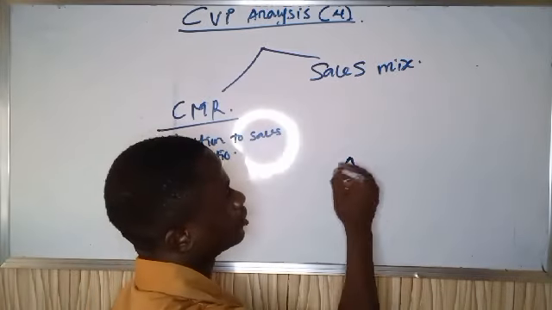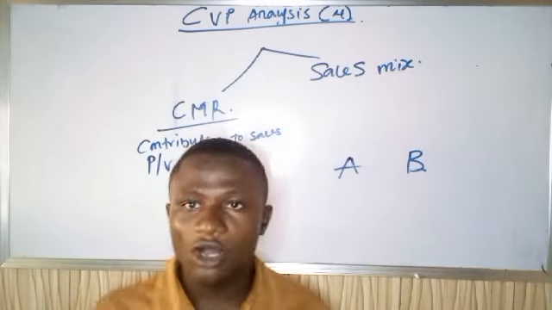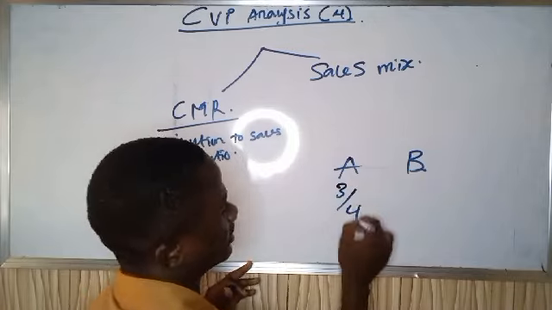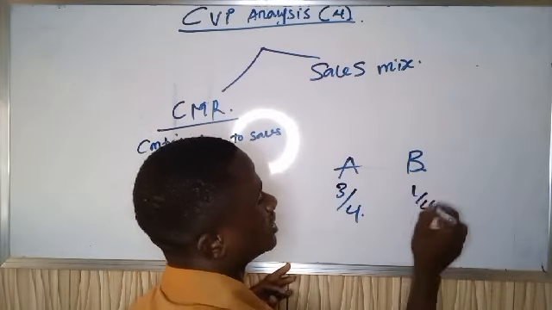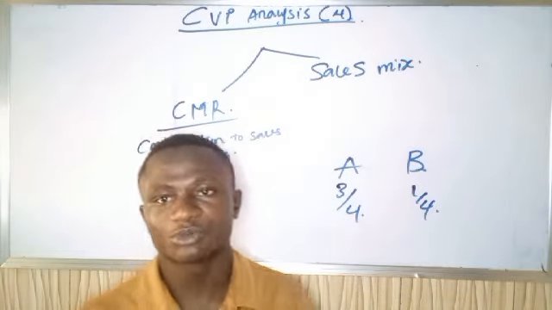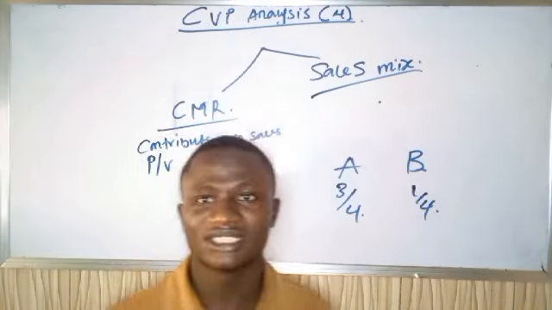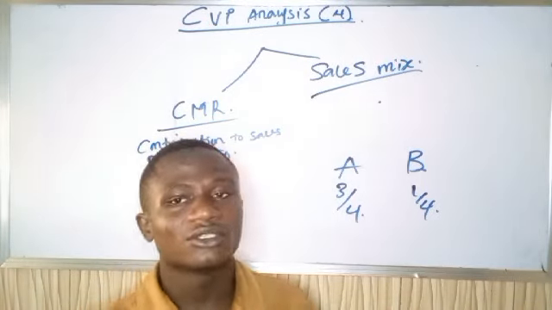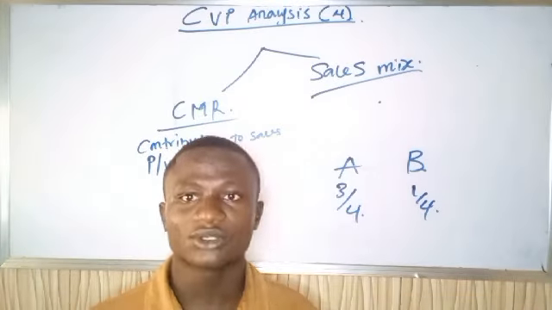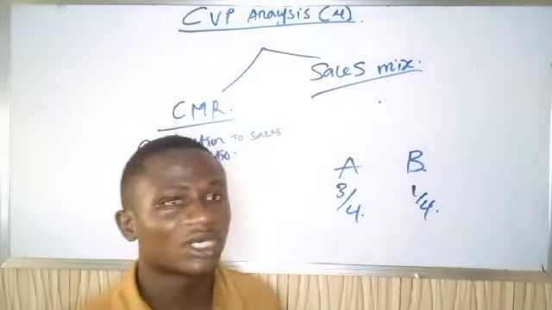Let's say we are selling two products, product A and product B. Of all the sales revenue we are generating, 3/4 is from A and 1/4 is from B. So in every CVP analysis question that involves multiple products, you'll be given what we call the sales mix. Sales mix is how much of your sales revenue product A gives you, and how much product B gives you out of your sales revenue.